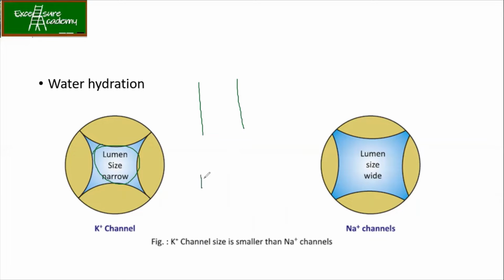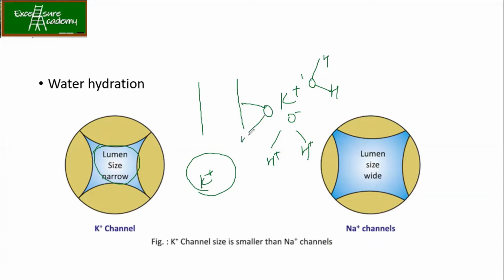K plus does not freely rotate or move. It is always associated with water. How? If this is a K plus, then O minus H like this. This is how the water hydration is present.